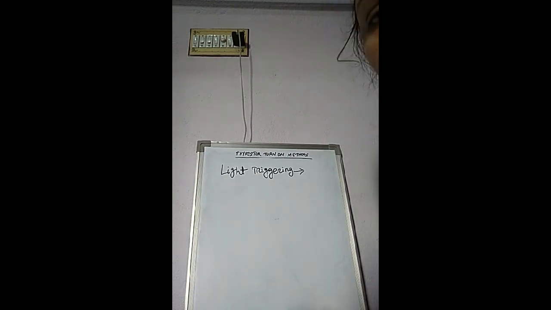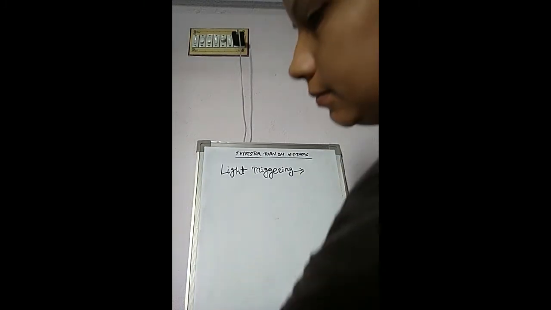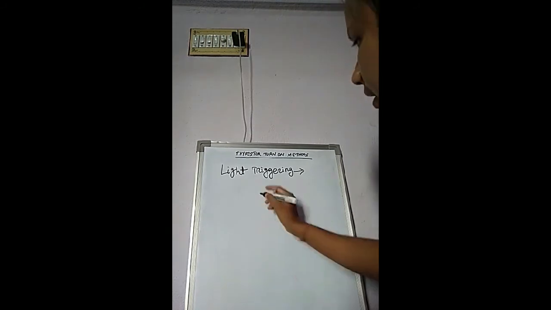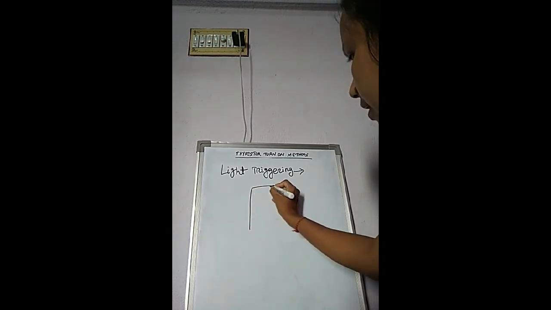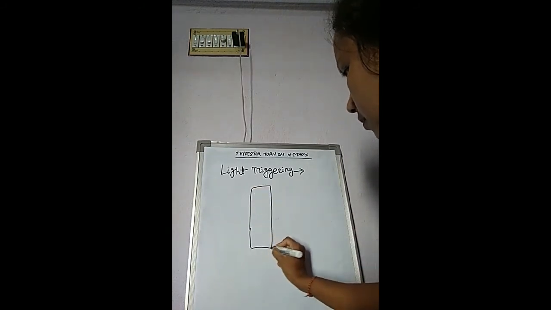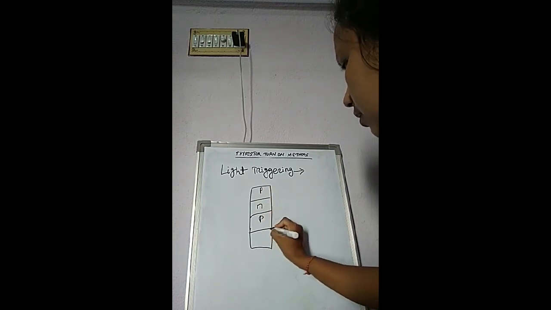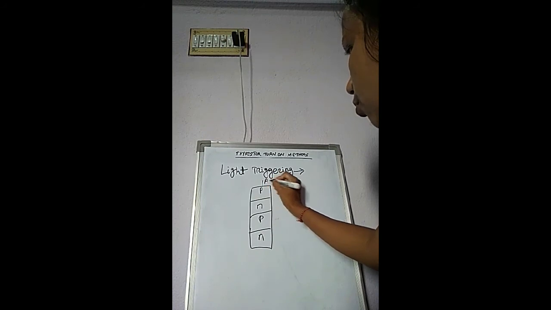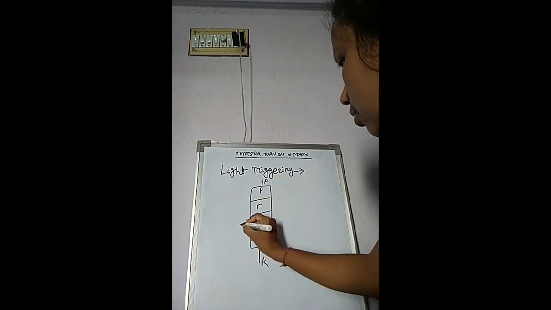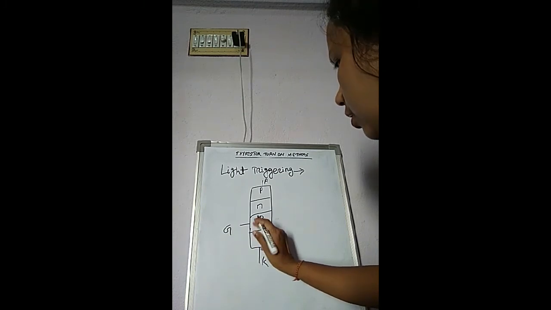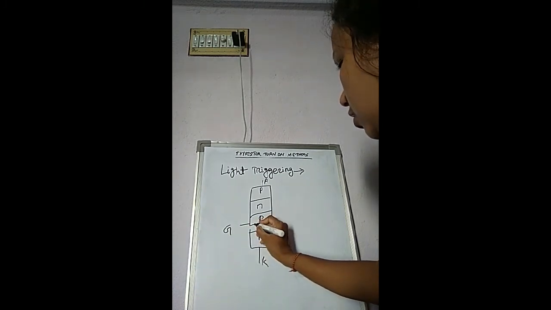The layer diagram is like this: P, N, P, N, anode, cathode, this is gate. So here is one niche.